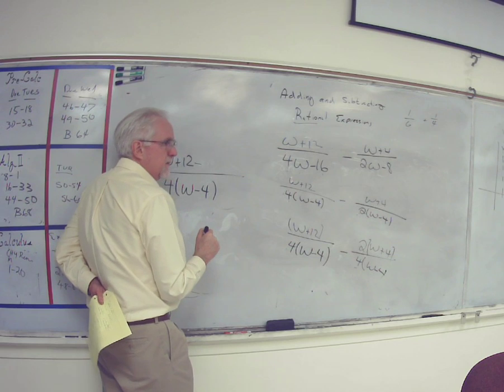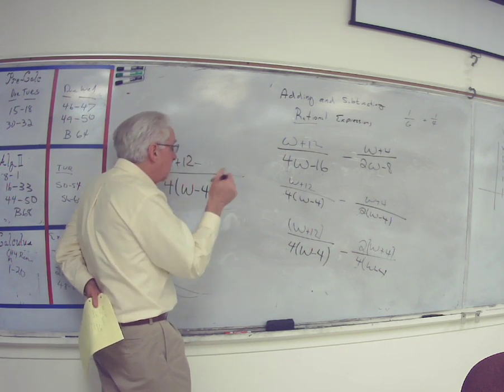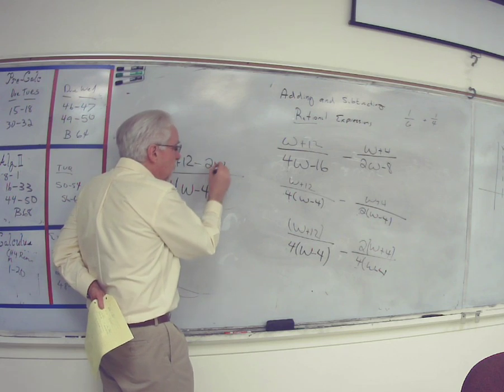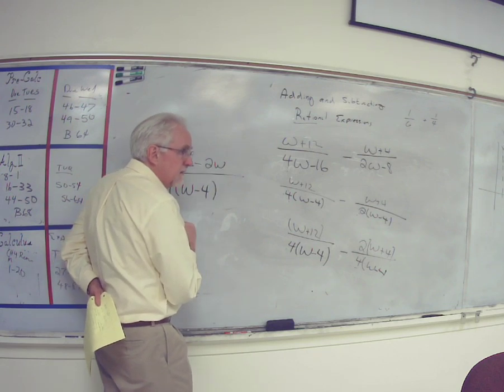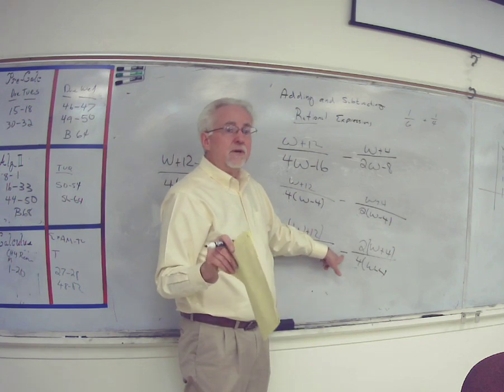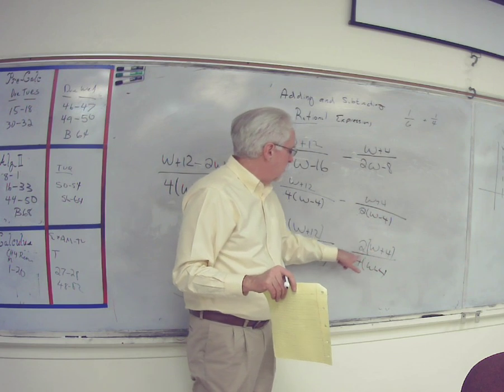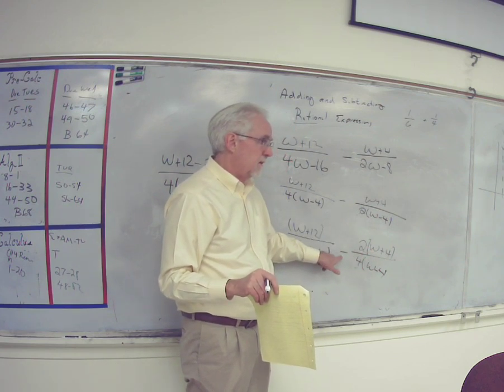Minus what, Mario? 2w. Okay, and then what's the next sign? Plus? Minus. That's where you're going to miss it. You're not going to distribute this minus. It's minus 2w and minus what also? 4.